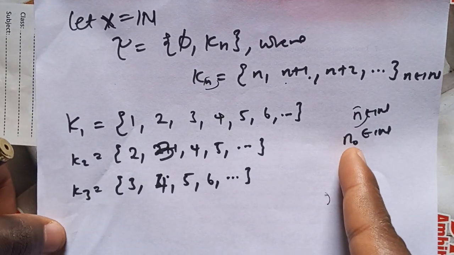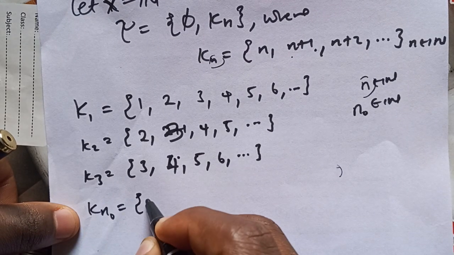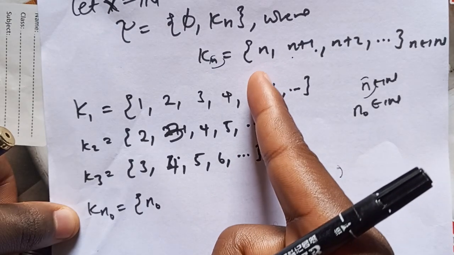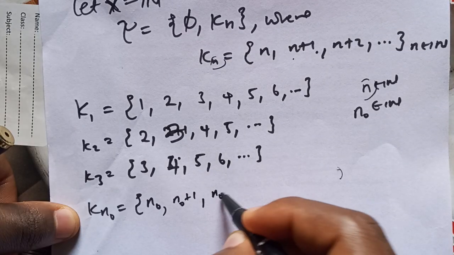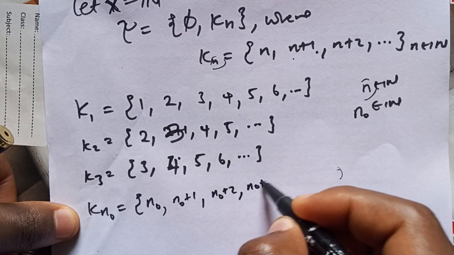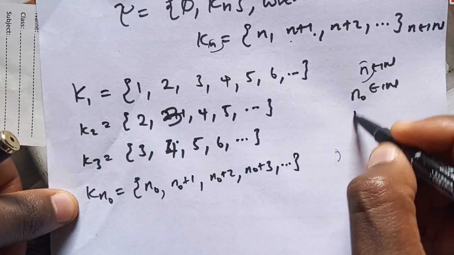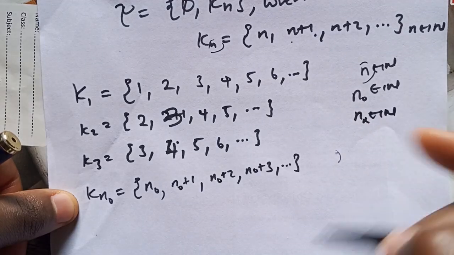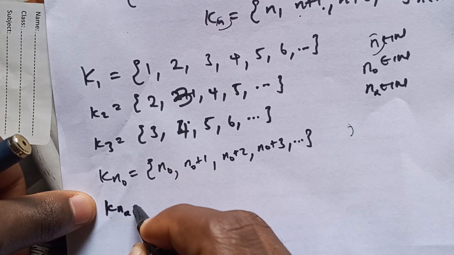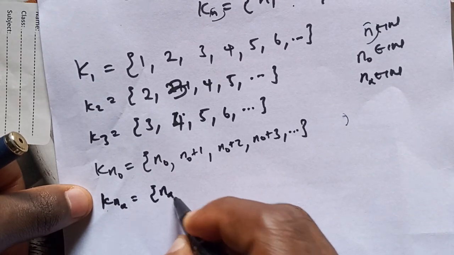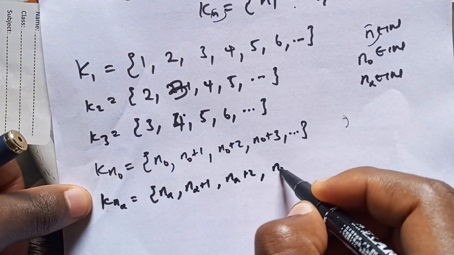If I pick a point in N, then K_{n naught} becomes n naught plus 1, n naught plus 2, n naught plus 3, and so on. Replace every n with n naught. If I pick another point, n alpha, in the set of natural numbers, then K_{n alpha} becomes n alpha plus 1, n alpha plus 2, n alpha plus 3, and so on.